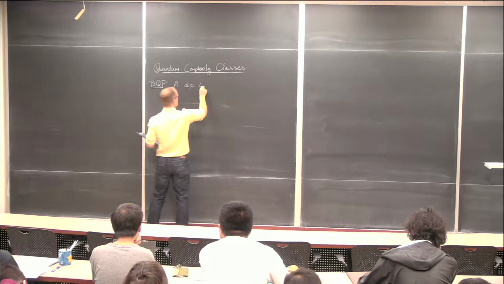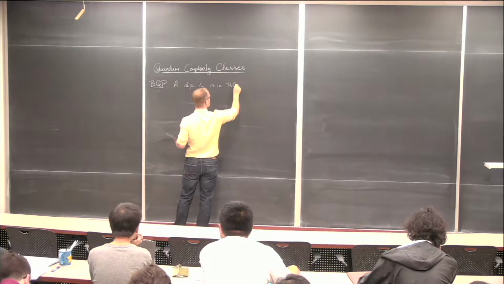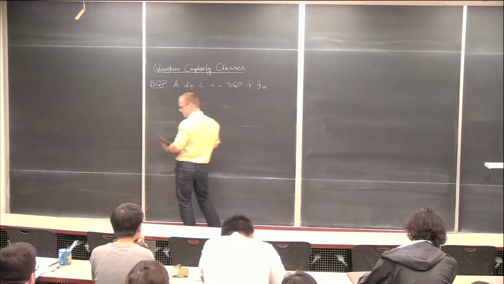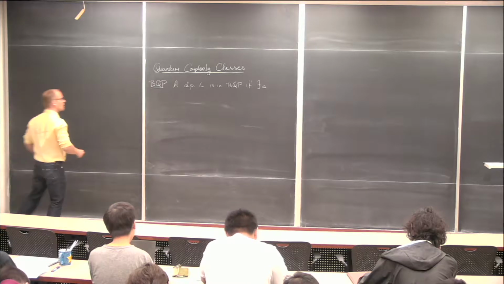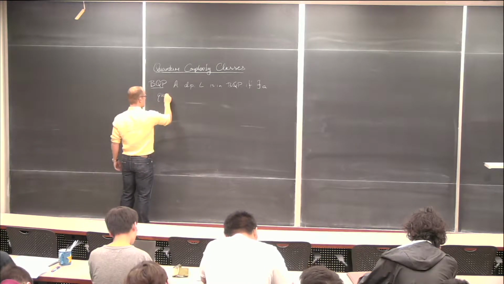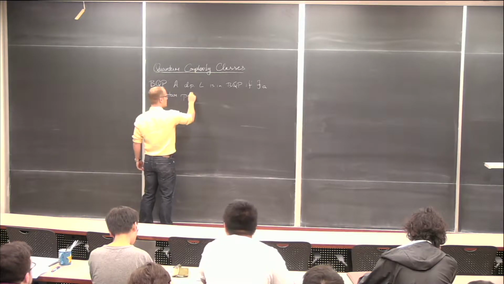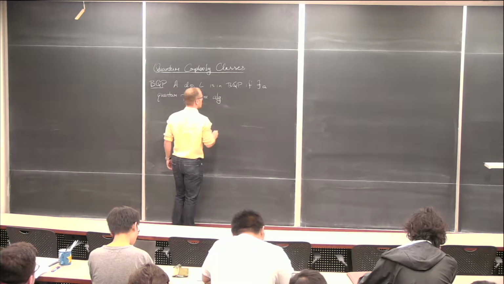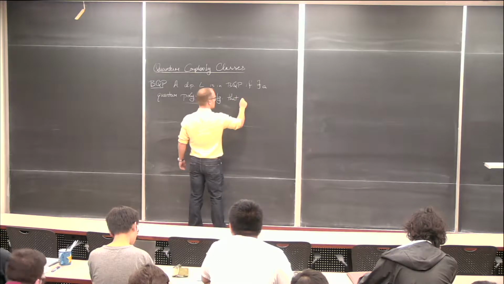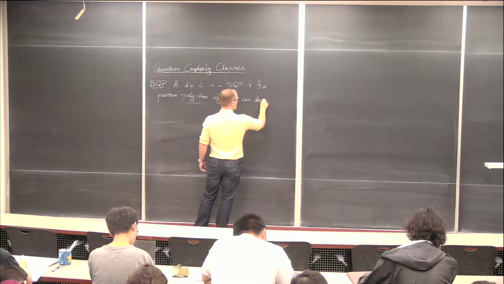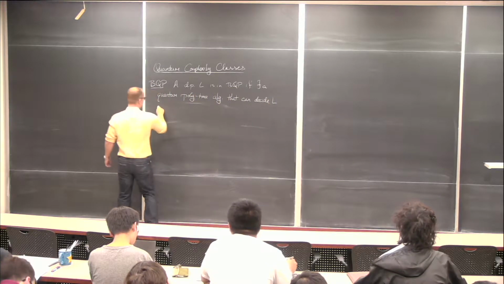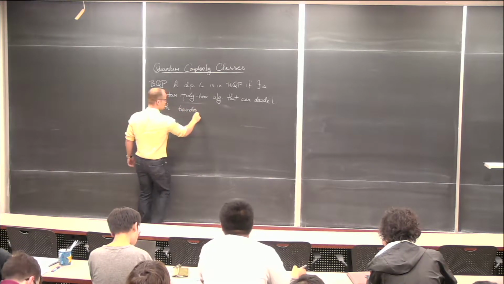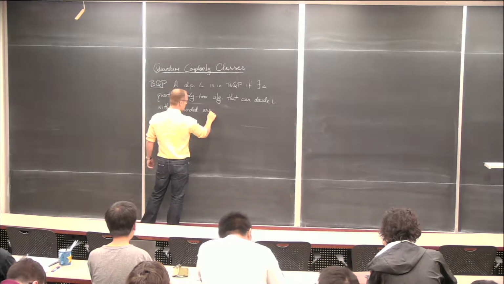A decision problem, L, is in BQP if there exists a quantum polytime or poly-size circuit, polytime algorithm that can solve, decide L with bounded error rate.